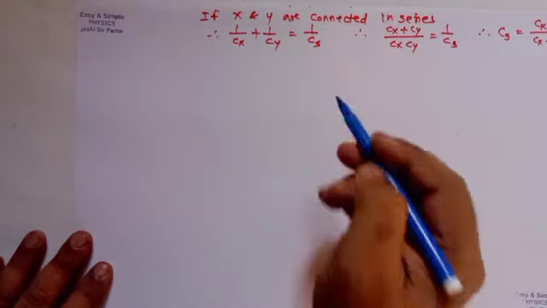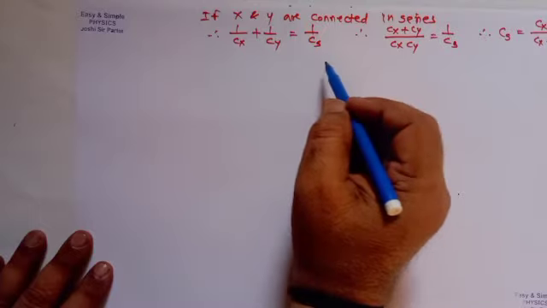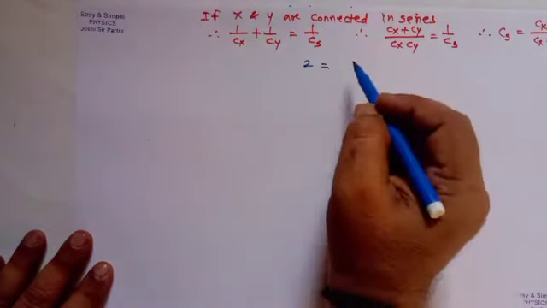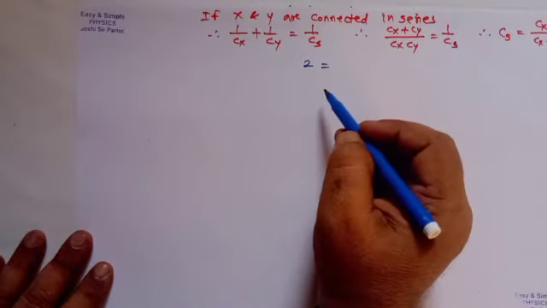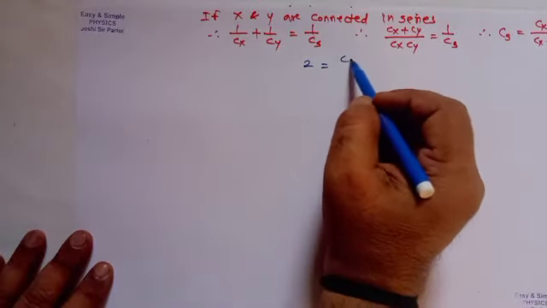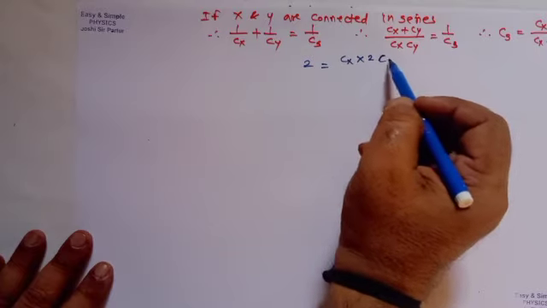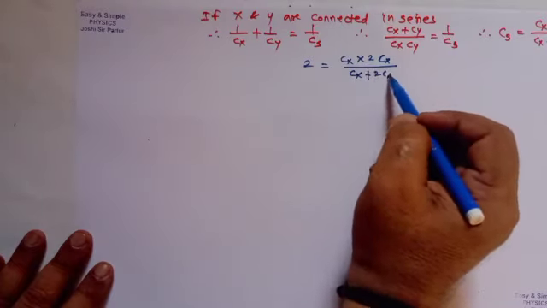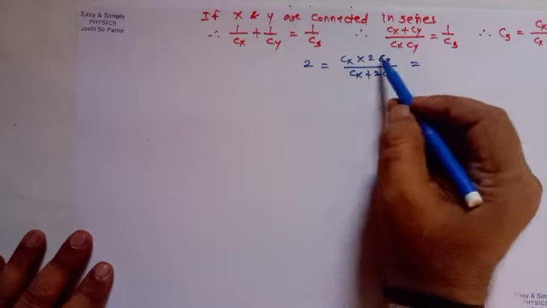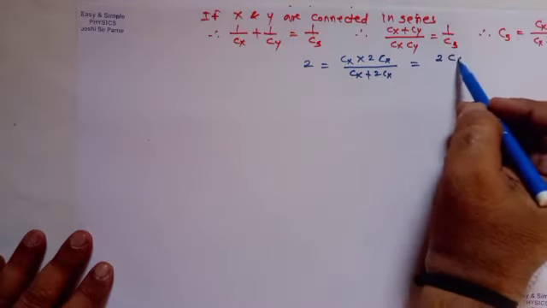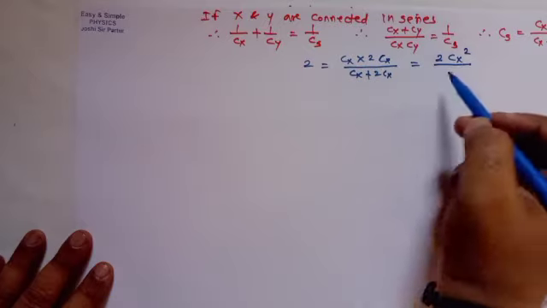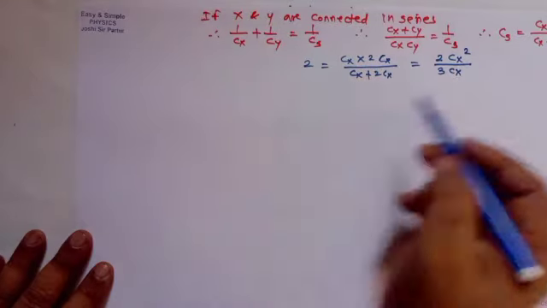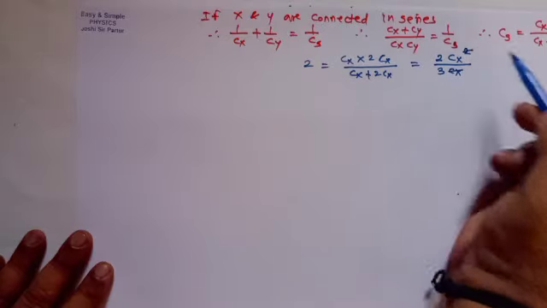Here, if we substitute the values, Cs will be 2 and Cx, Cy. Actually, Cy is 2Cx. So, Cx multiplied by 2Cx divided by Cx plus 2Cx. So, here the value is 2Cx square upon 3Cx. So, what happens? Cx gets cancelled.